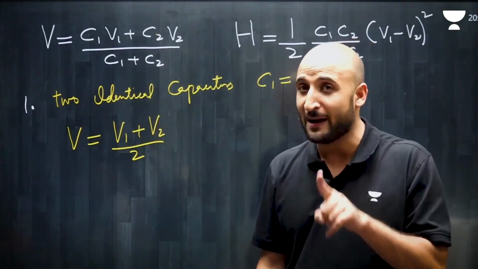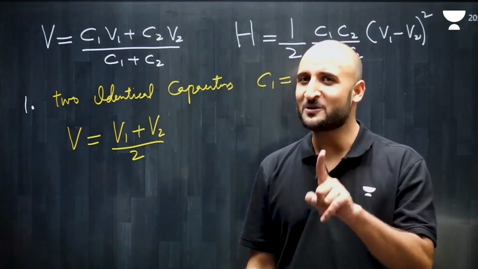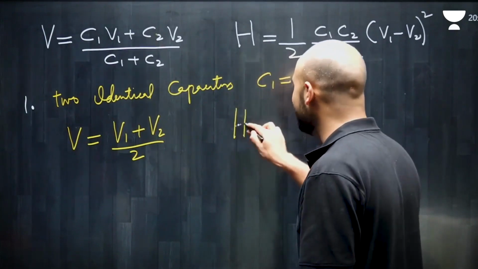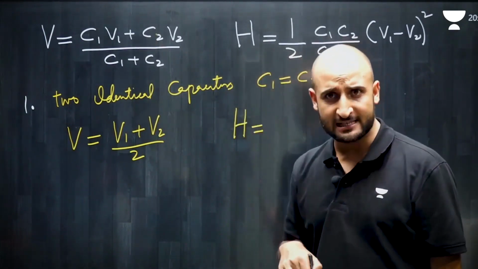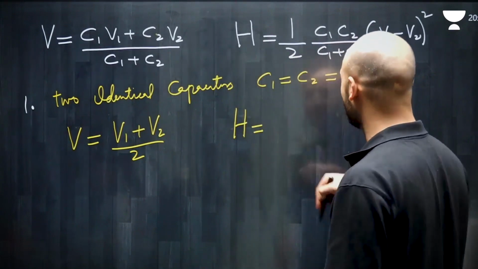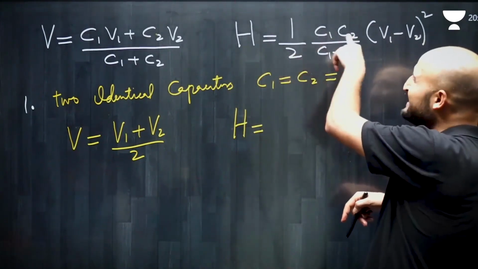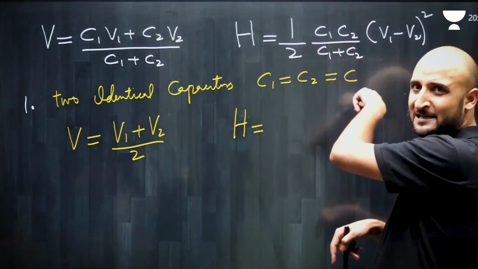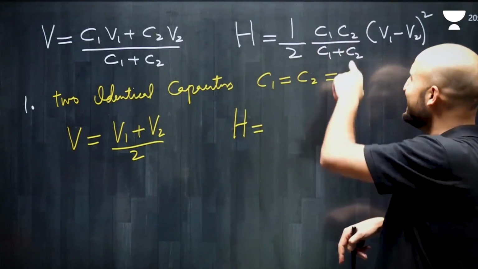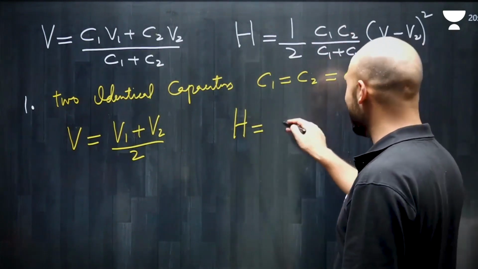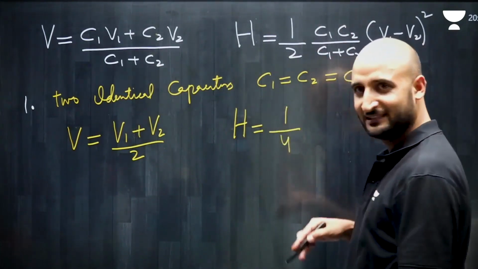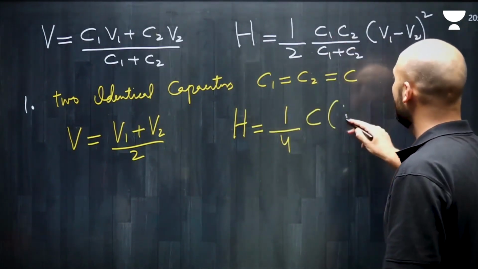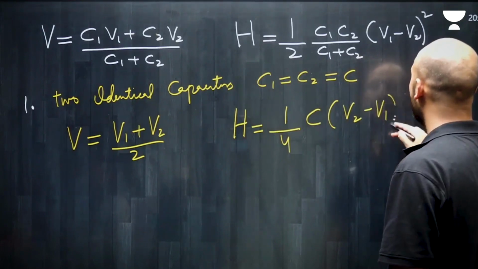That means it is the mean of the two potential differences of your two parallel plate capacitors, when the two capacitors are identical. Second, what will be the amount of heat dissipated in that process? H will be 1 by 2 C1 C2, that is C into C, C square, divided by C1 plus C2, that is C plus C, twice C. C and C will go, so it will be 1 by 4 C into V2 minus V1 whole square.